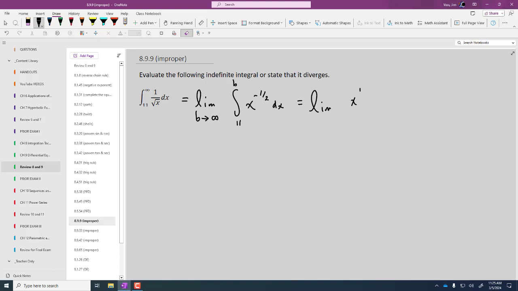We add 1 to the exponent, we divide by the new exponent, we evaluate that on the interval. So add 1 to negative half, get positive half, divide by half is multiplied by 2. You can factor the 2 all the way out in front if you want. You could leave it in there, it doesn't really matter, it's your choice. So the 2 is coming out, we plug in the b, square root of b, minus the square root of 11, and this is as b goes to infinity.